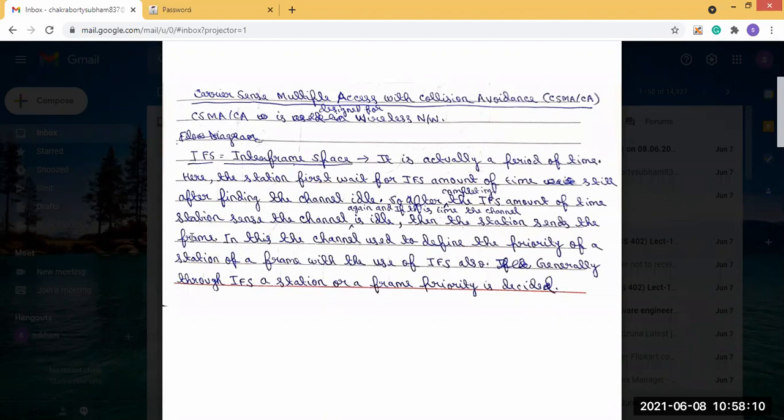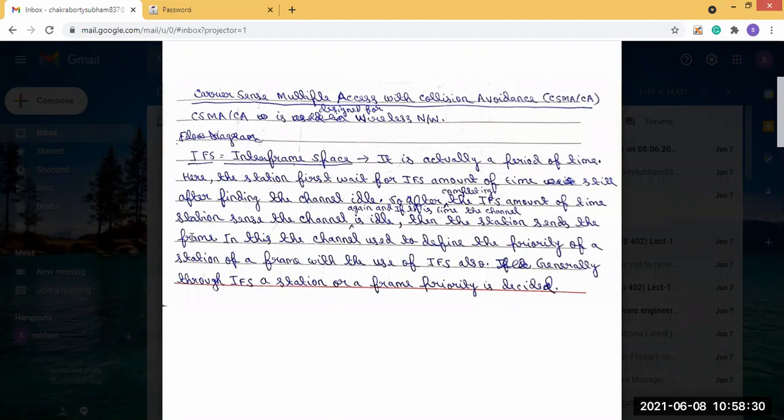After waiting this interframe space amount of time, it will sense the channel again, and if this time also the channel is idle, then only the frame can be sent. This is the interframe space time.